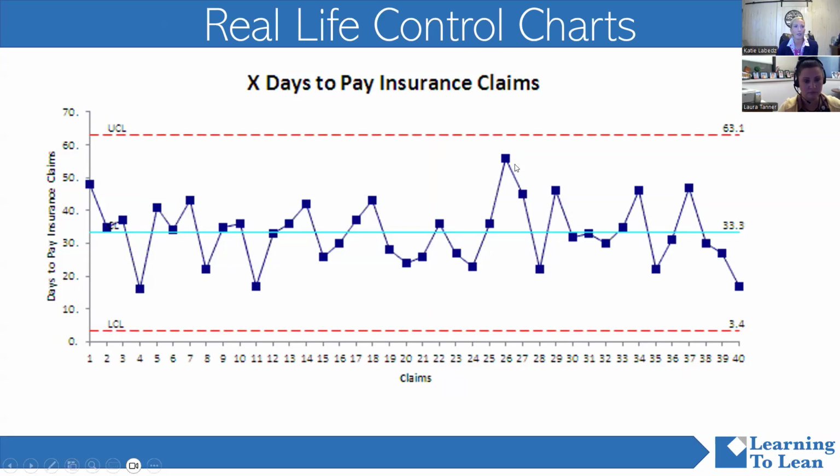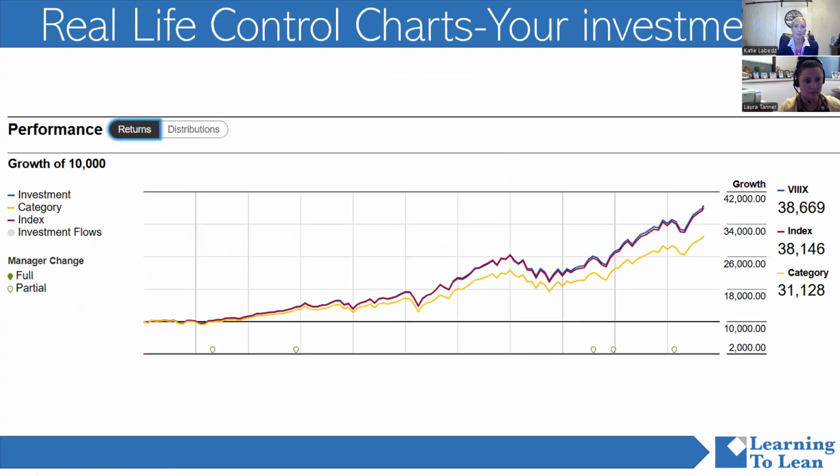I would ask what happened here, and somebody I'm sure would be able to give me that data information. That one's just approaching the upper control limit of 63 days. So let's just be able to identify and explain the data point, and then honestly, I wouldn't worry too much about it.